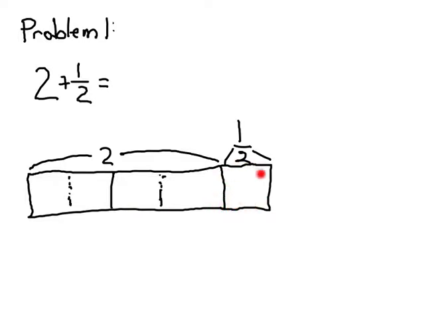And then here's the other half that our friend gave us. So we can count it a couple different ways. We can go 1, 2, 3, 4, 5 halves. Or we can just look at this and go, this is 2, and we added a half. So our answer would be 2 and 1 half.